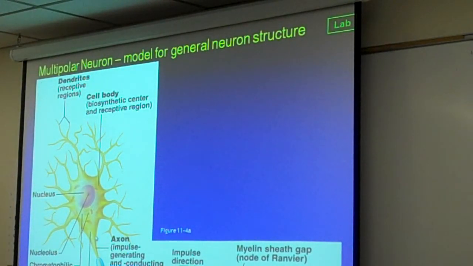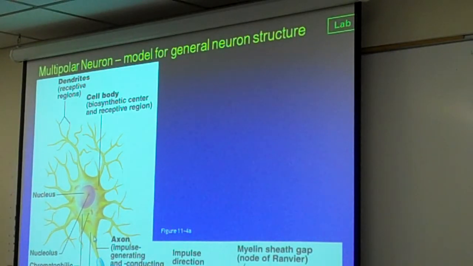And when they reach the axon hillock, those graded potentials have to be strong enough to bring the membrane to threshold. So rest is maybe minus 70 millivolts. Threshold, let's say, is minus 55. So that means you have to have a 15 millivolt current, a positive current, upon reaching the axon hillock to bring the membrane to threshold.